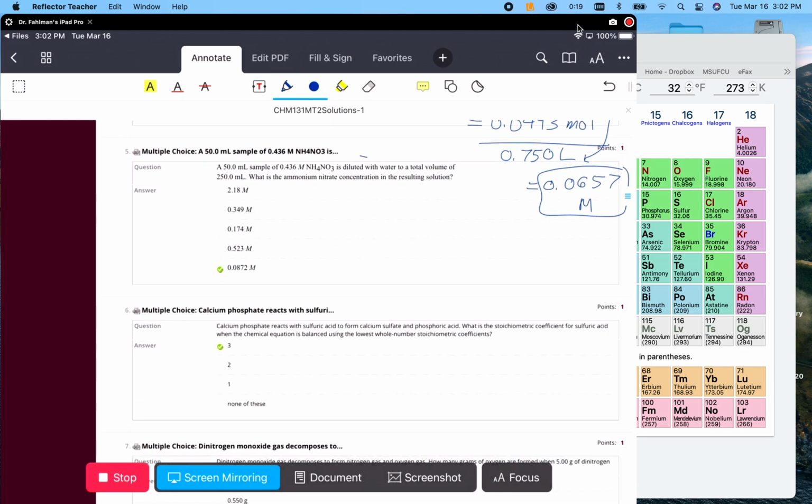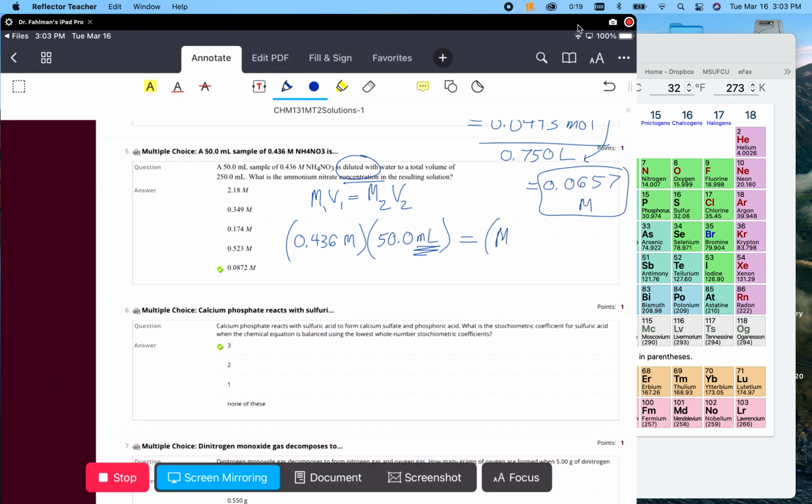Okay, this next one, diluted, so that means it's M1V1 equals M2V2. Okay, so you've got 0.436 concentration times 50 mL. Okay, and for this equation, you don't have to convert all the volumes to liters, just as long as both sides of the equal sign have the same unit. Okay, and we want to know what's the concentration of the resulting solution.